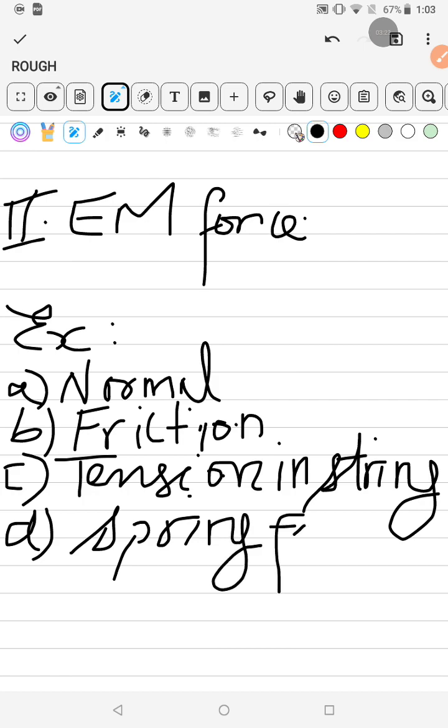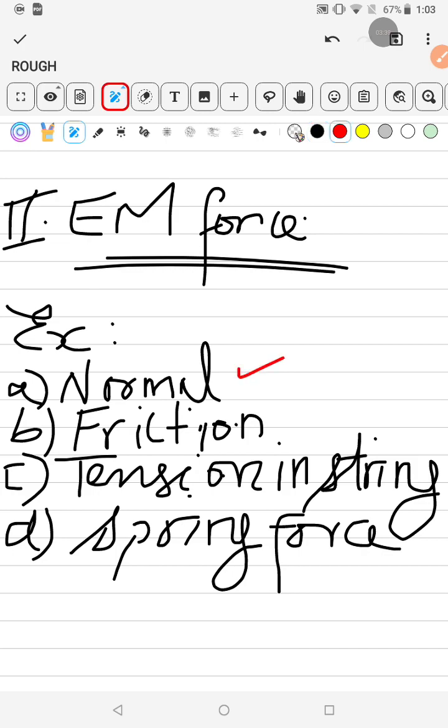In this series we are going to learn all types of forces. And when we learn electromagnetic force, we are going to learn each and every one of these examples in detail, because these are really important according to the syllabus of NEET, and also for 11th class, right?